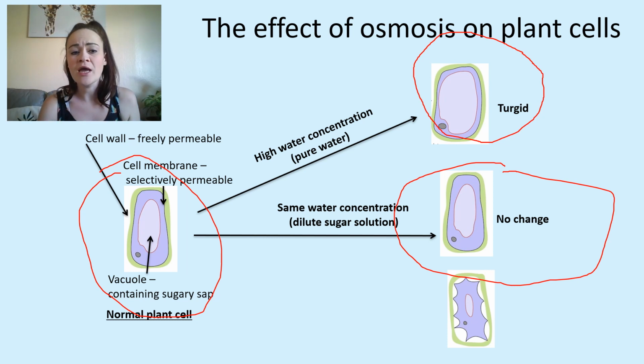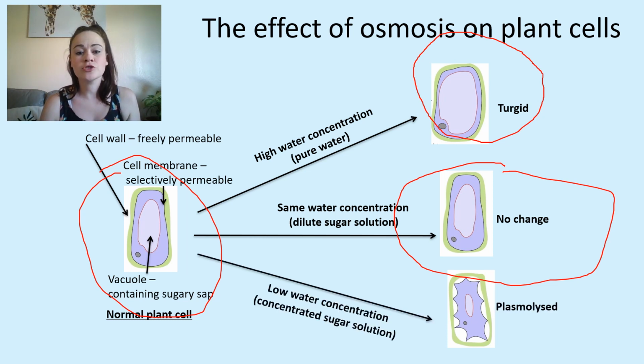Okay? If we were to put that normal plant cell into a low water concentration, so maybe like a really salty solution or a solution with lots of sugar in it, meaning that there is more water inside the cell than outside, so the water, by osmosis, moves along the concentration gradient, will move out of the cell to the solution.